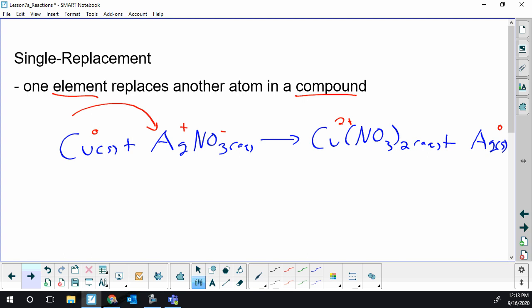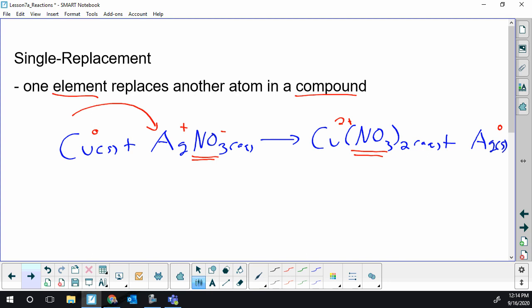So single replacement, the element has to replace one of the other elements in the compound. I need to balance this. You can balance the N and the O separately, but when you see the nitrate stays as an ion, an O3, and then we got 2 of them here, you can count those ions as a group, and it just helps you to balance it faster.